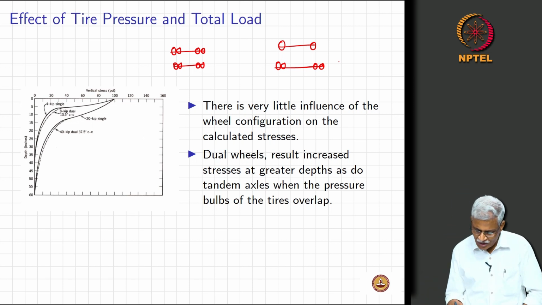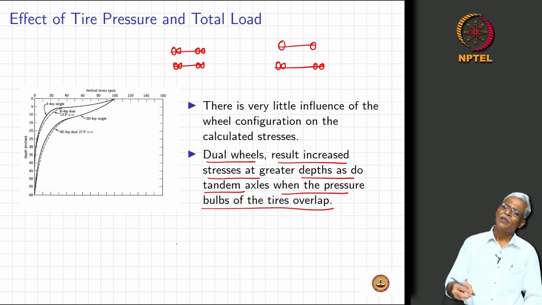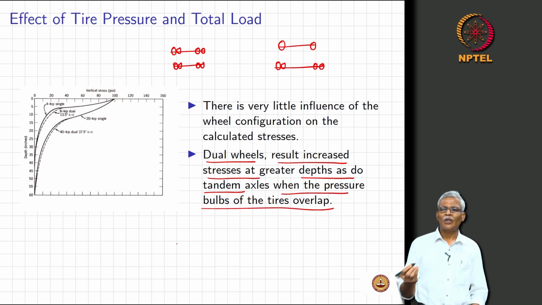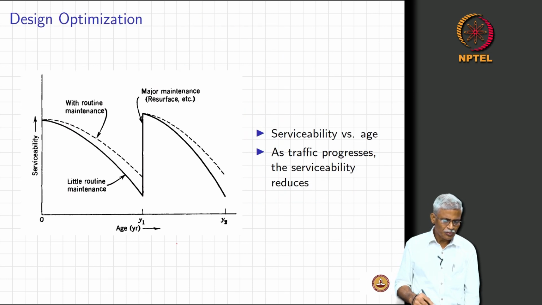Dual wheels result in increased stresses at greater depths, as do tandem axles, when the pressure bulbs of the tires overlap. That will become very clear to you as you go along. As of now, I am just going to leave it like this.